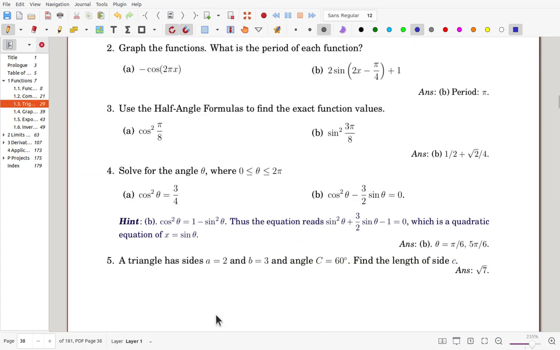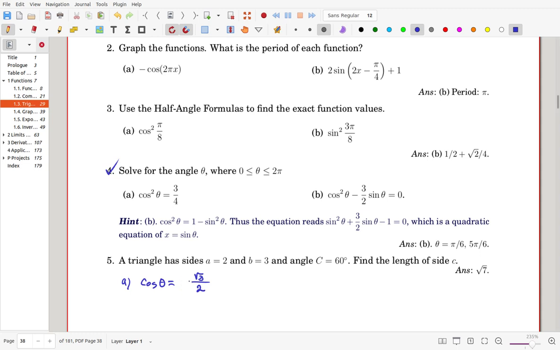Okay, among these problems, let's try to solve number 4 here. I'll try to give you only hints, okay? For part A, cosine squared theta is 3 over 4, which means that cosine theta is, taking the square root, square root of 3 on top and 2 on the bottom.